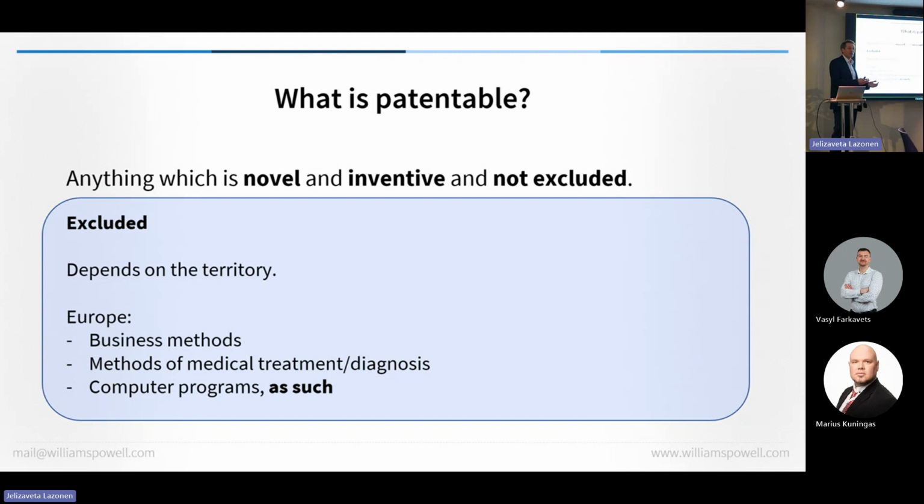It depends what the software is doing, how it's interacting with other systems, and what the technical effect it's producing is. So computer programs can be protected, and if you've developed something that you think has made an improvement, it's always worth talking to a patent attorney to consider whether that could be protected.